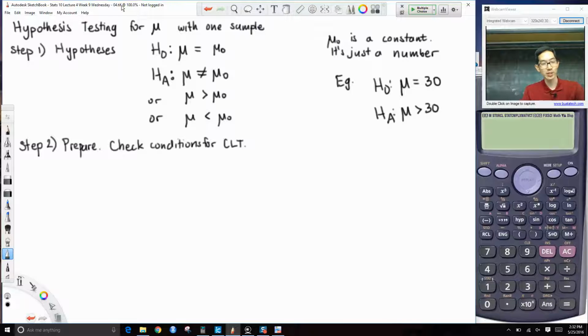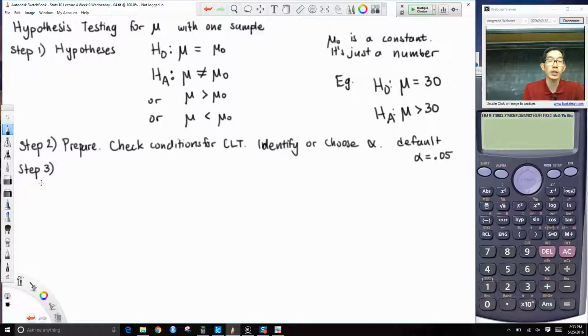We ask, is n greater than 25, or is the population almost normal? And then identify or choose alpha. And what's the default level of alpha if one is not specified? Yeah, 5%. So the default is alpha equal to 0.05 if one is not given.